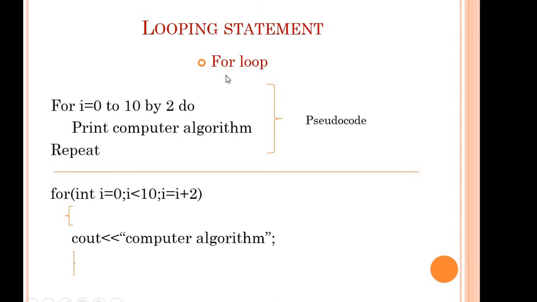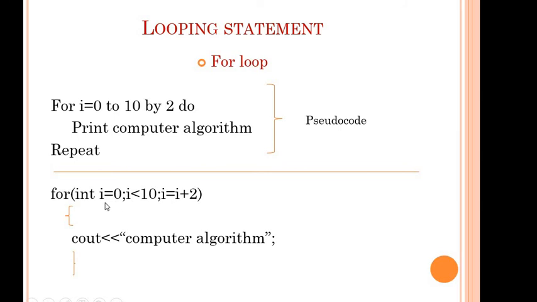Next we are going to see the looping structure, where some set of statements is executed repeatedly. First looping structure we are going to see is the for loop. In the for loop, initialization, condition and increment are given in a single statement.